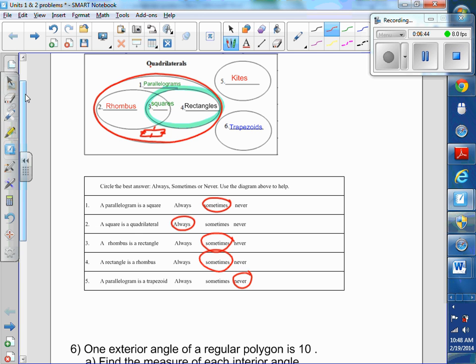Okay, so in your book, I believe it's page 36. See number 65, the true false? Okay. On page 36, number 64 and 65 are good problems to think about using this chart.